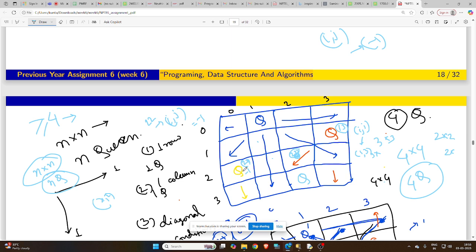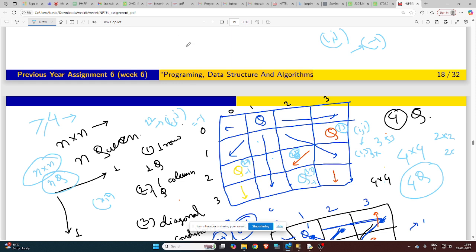For the yellow case, if I just put the yellow here, then I can only find that the 3-2 position is giving us minus 1. So for q, there is only one value left which is not attacked, and that value is 3-2. So we can have another q here.